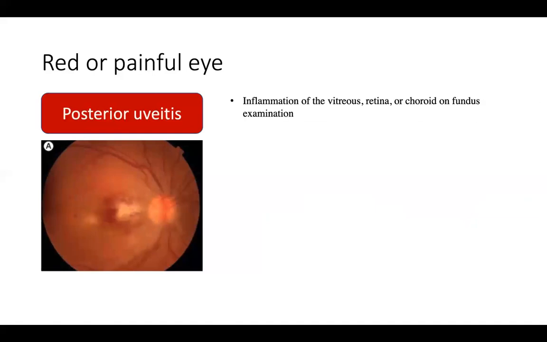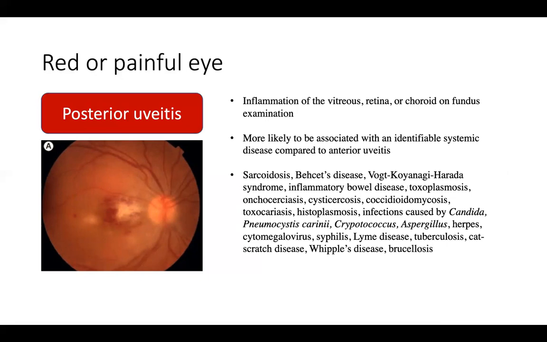Posterior uveitis is diagnosed by observing inflammation of vitreous, retina, or choroid on fundus examination. It is more likely than anterior uveitis to be associated with an identifiable systemic disease, and is usually a manifestation of autoimmune diseases, but it also accompanies certain infectious diseases.